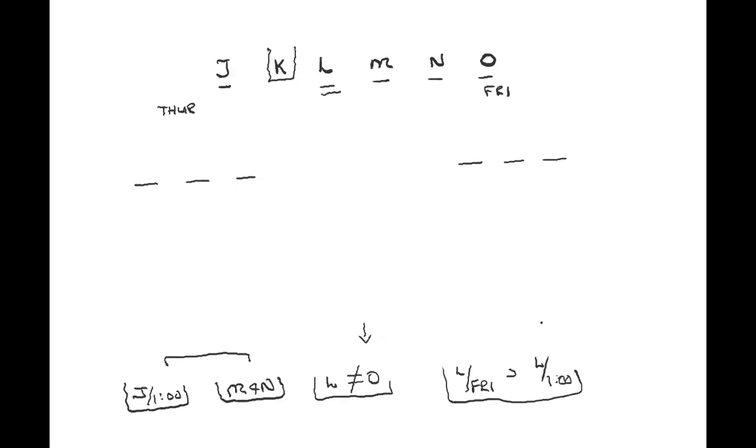But much better to look at this and say, no, all I have to do here is create 2 hypotheticals. So I'm bifurcating on the J, who is at 1 o'clock. Cross out my J. And now I understand that the M and the N are forced over to the other day.